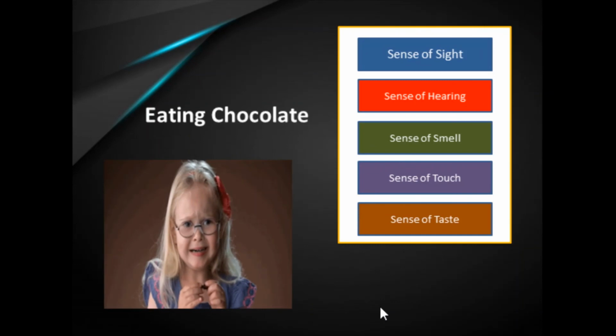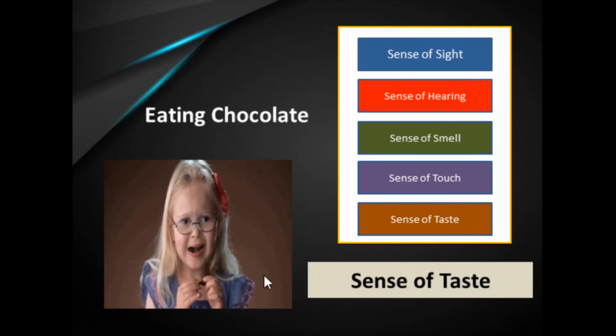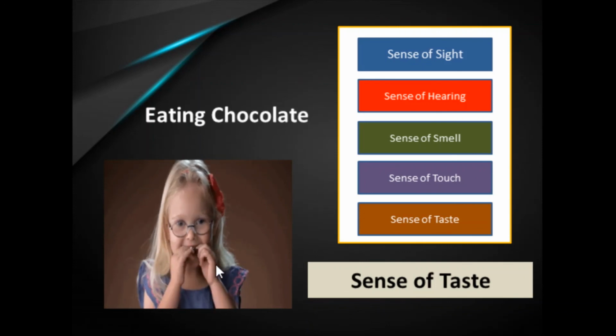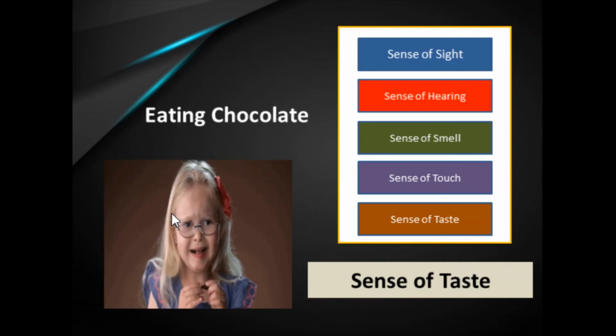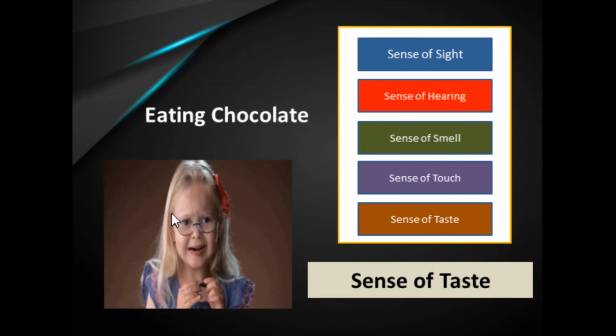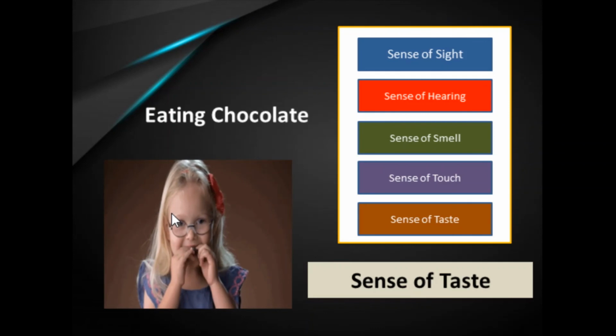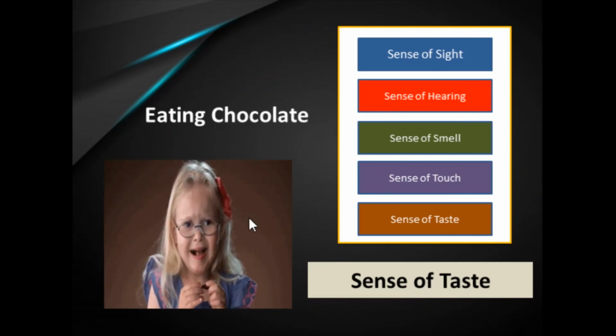She's using the sense of taste. Why do you think her face went like this? Because maybe she tasted it bitter, sour, sweet, spicy, umami. That's the sense of taste.